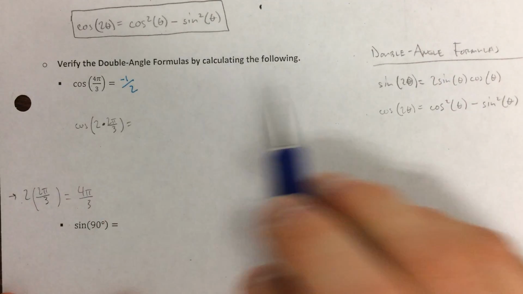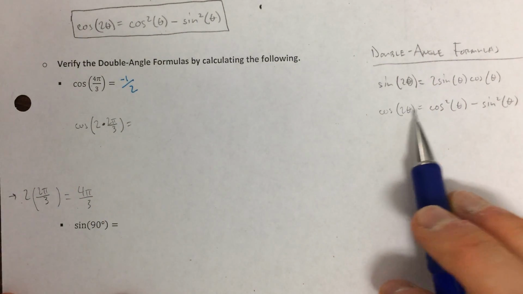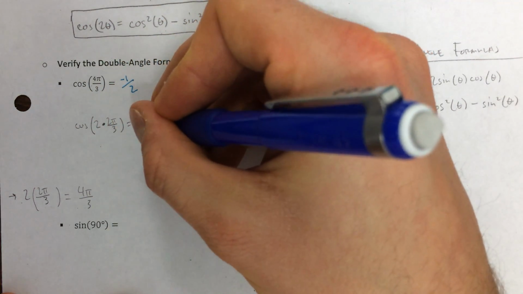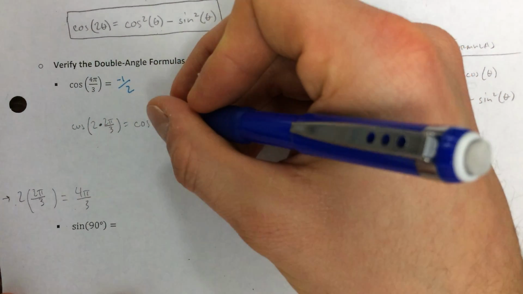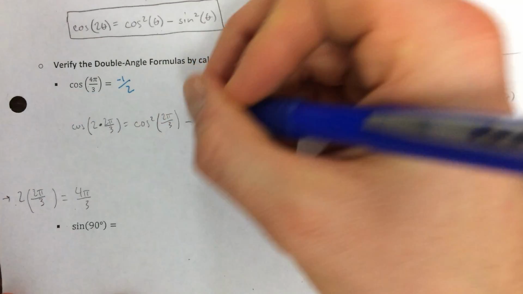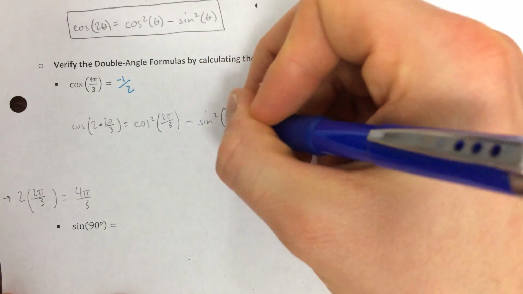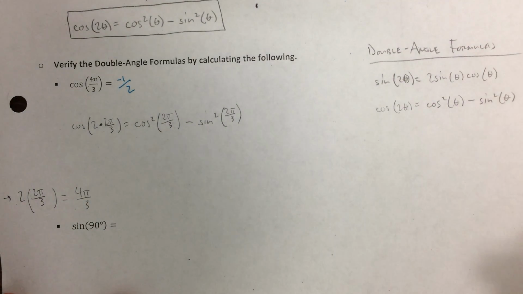Now we have 2 times an angle. We use our formula, but instead of theta, put in 2 pi over 3. So this would become cosine squared of 2 pi over 3 minus sine squared 2 pi over 3. Ultimately, we should end up with negative 1/2.